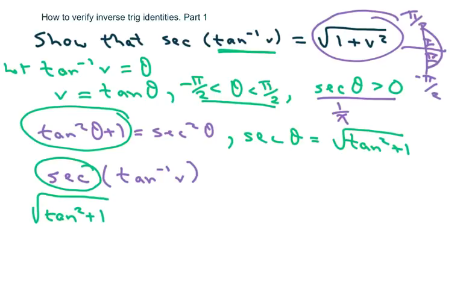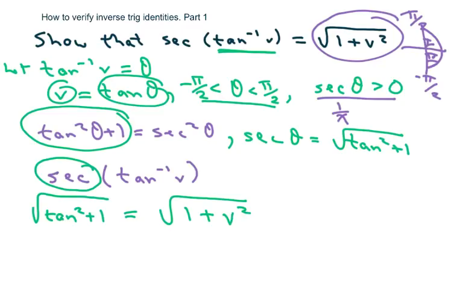We know that tan equals V, so this equals the square root of 1 plus V squared. So there we have our desired result.